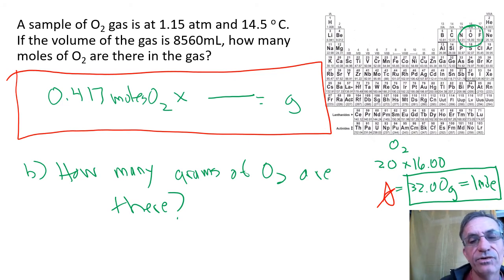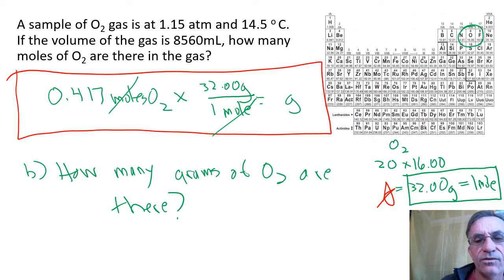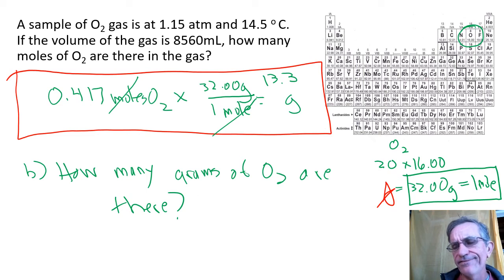So you would do 1 mole on the bottom, 32 grams on top. It should look like that. Yes, that's going to work. So this oxygen, this balloon full of oxygen, whatever it is, if you work it out, it weighs 13 grams. So grams and moles are related. If you know one, you can always know the other. That's what this part B was about.